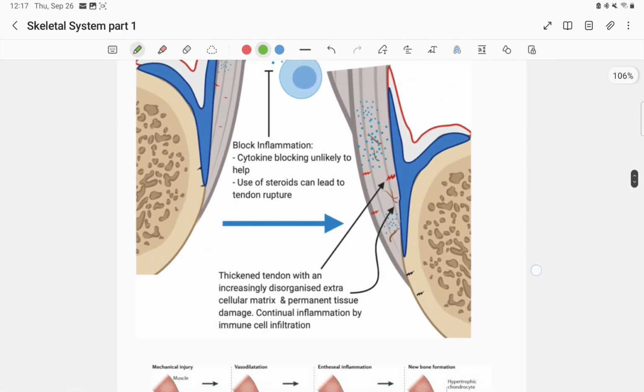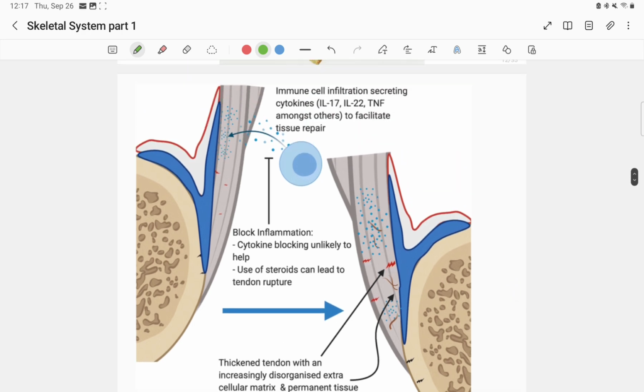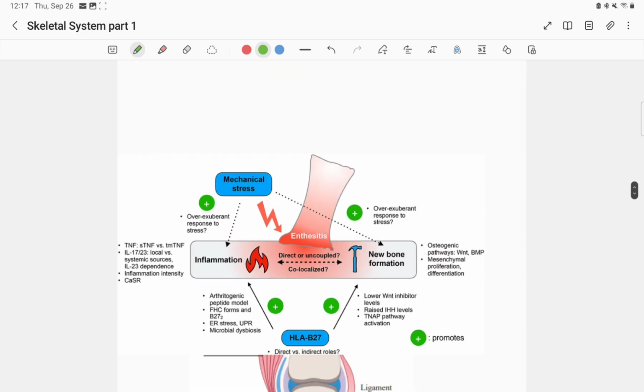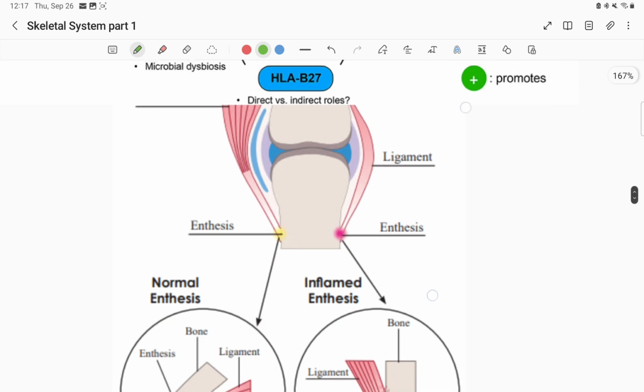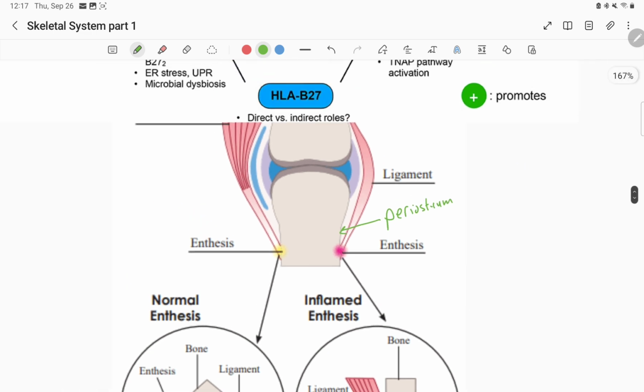These next slides are going to look at the enthesis. Right here, we said that the outside of bone is the periosteum. What ends up happening is a muscle tapers into a tendon and attaches to bone.